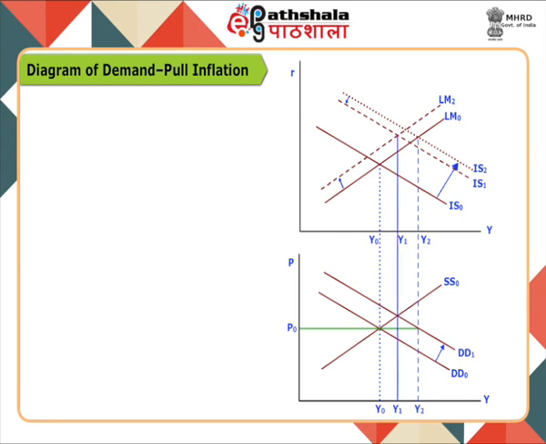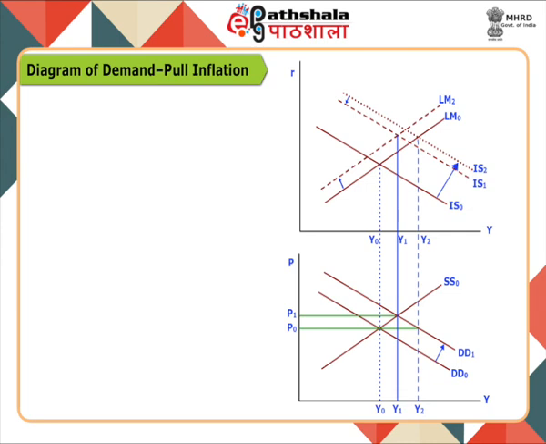In the lower panel of the diagram, the aggregate demand would decrease as a result of the increase in price level along the demand curve DD1. As the price level increases, aggregate supply would increase along the supply curve SS0 and the new equilibrium will be established at Y1 level of output with price level P1.